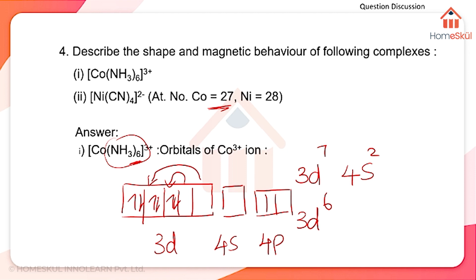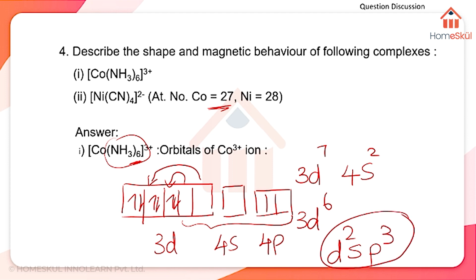So just count the orbitals present. Yes, hybridization takes place, and here we get d2sp3 hybridization. So what is the shape? We know it is an octahedral complex, right? So the shape is octahedral.